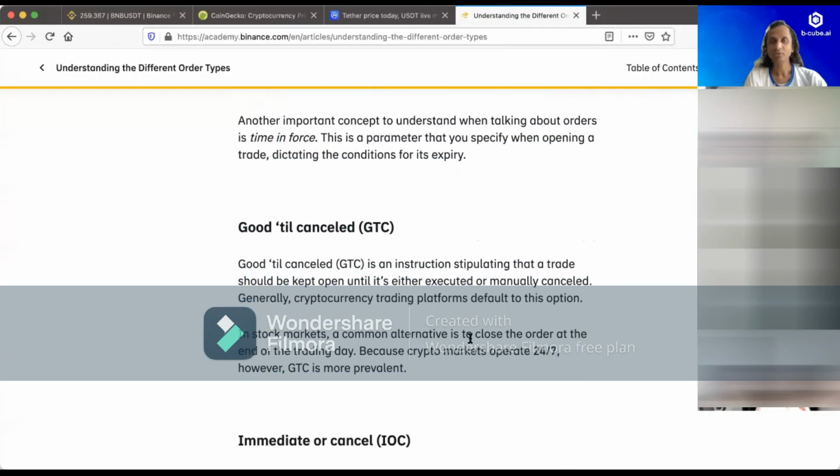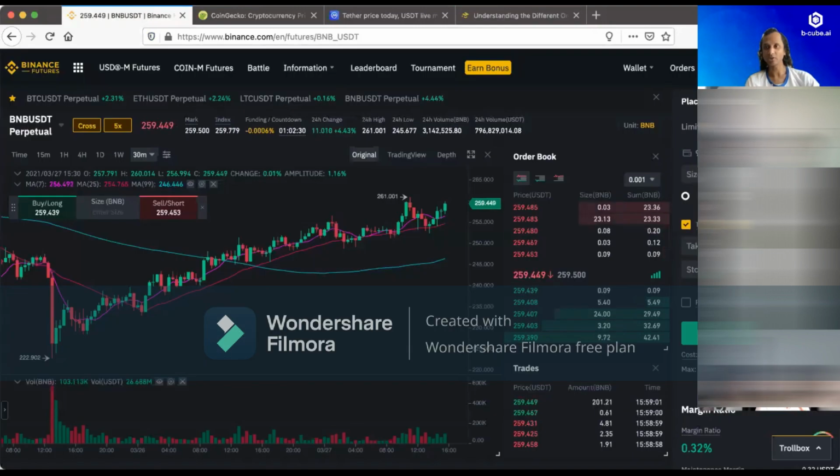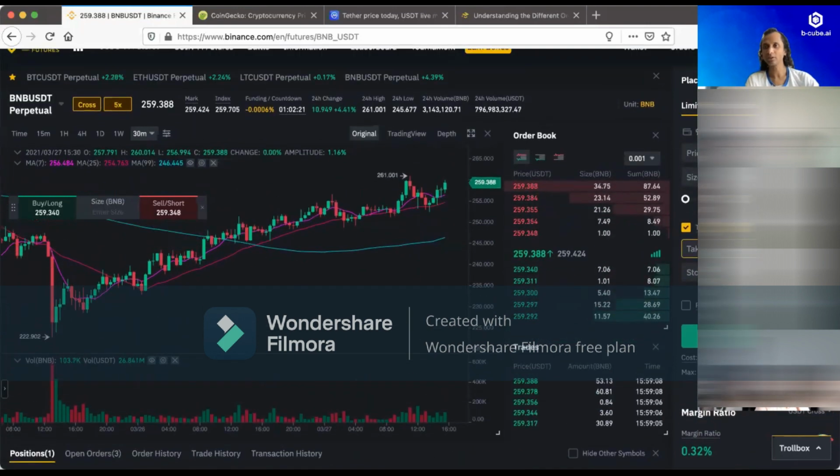What's time in force? There are other things, like what I said, good till cancelled. This is one of the good features in Binance. When you're placing a limit order, you're waiting for something to happen, right? You put a bid for 255 now, and 255 will not come today.